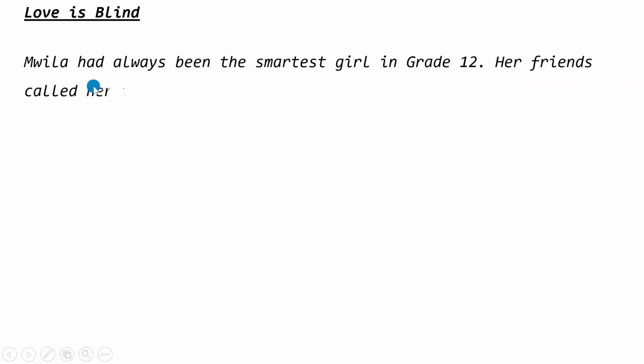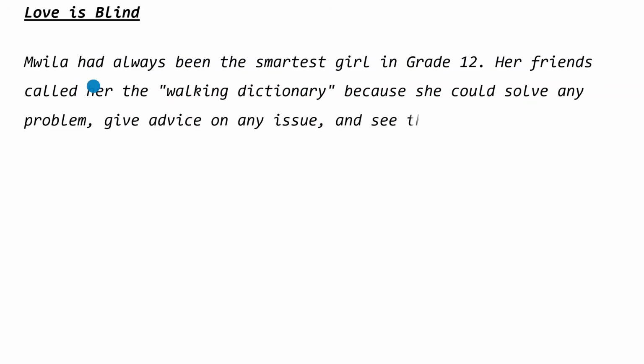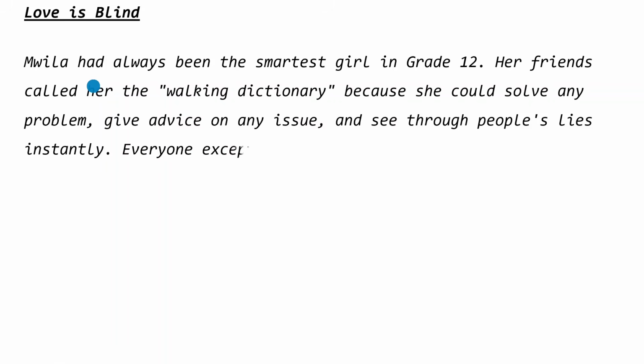Introduction. Mwila had always been the smartest girl in grade 12. Her friends called her the walking dictionary because she could solve any problem, give advice on any issue, and see through people's lies instantly.